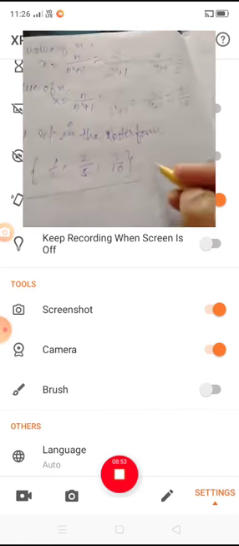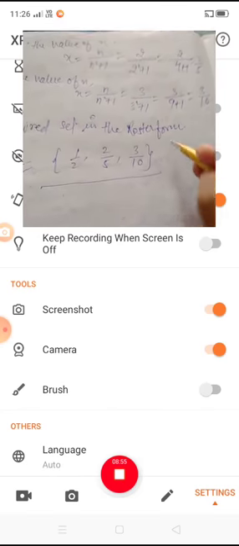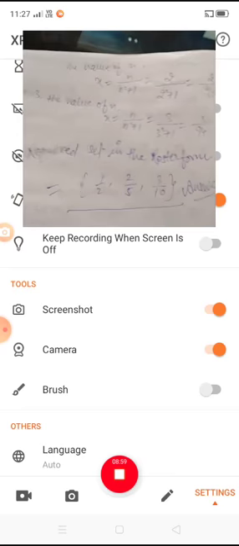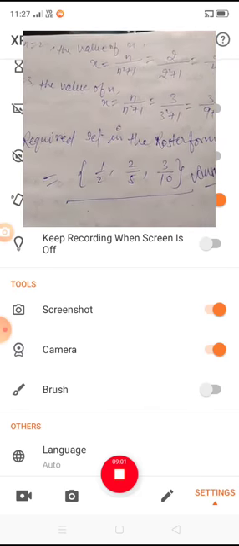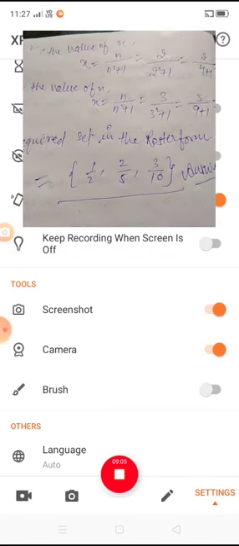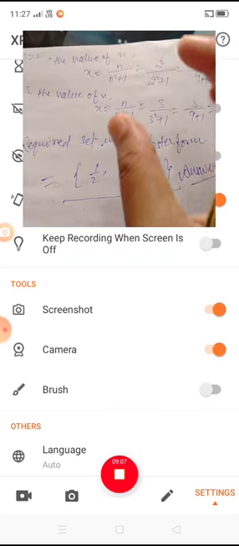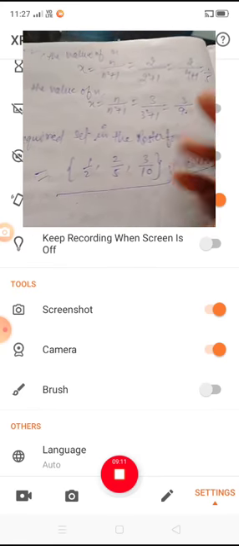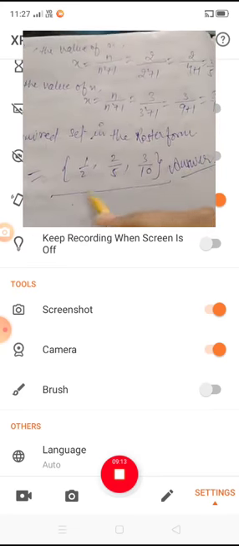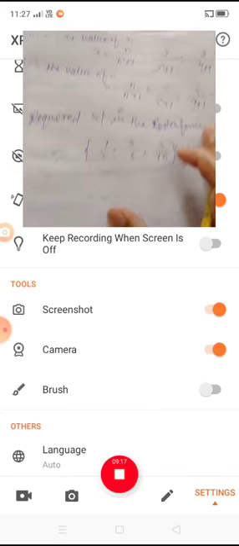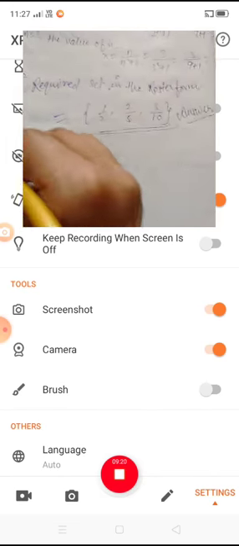This is the final answer in roster form. So dear students, in this way we convert questions from set builder form into roster form.